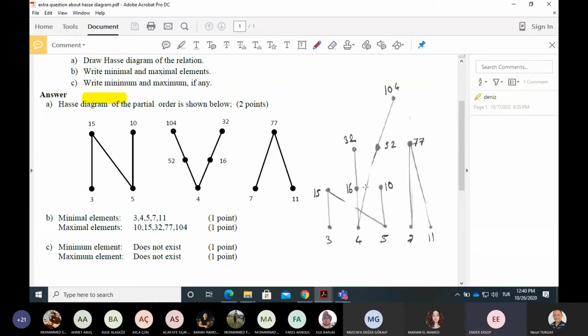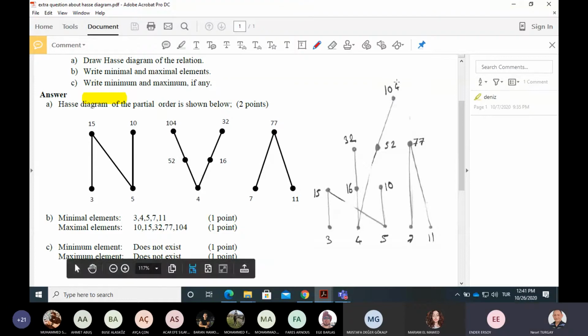So can we say that there can't be a lower number on the upside? Can we say that? Upward, you mean upward?